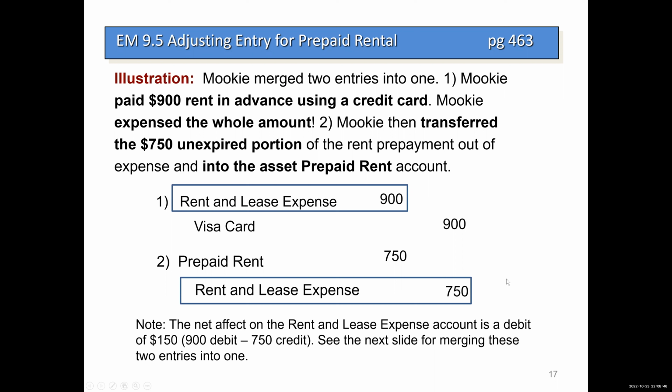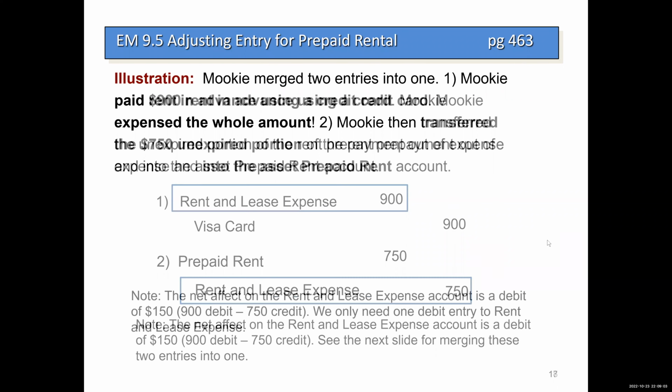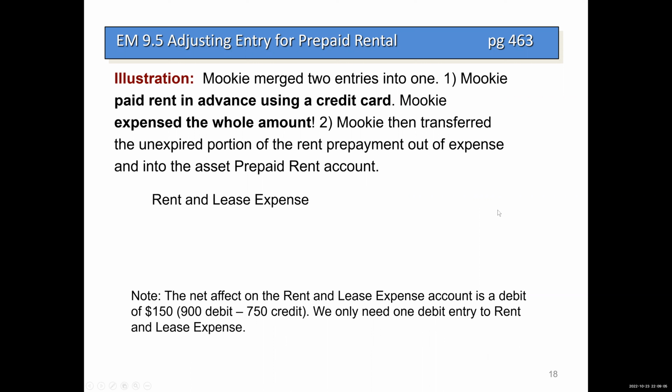So in the solution and in the journal entry that you're going to be putting in QuickBooks, you're going to net these two together. So you're just going to use one instance of rent and lease expense of $150. And it's going to look like this. So rent and lease expense, $150, right? Because we're combining the 900 debit and the 750 credit. So just one instance of rent and lease expense.